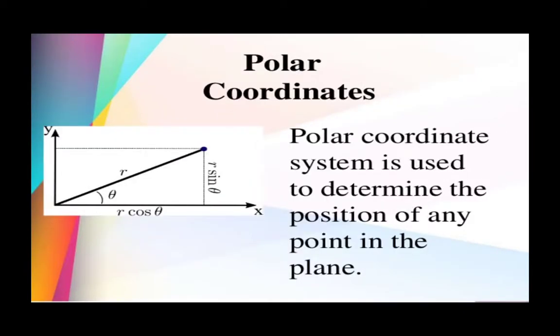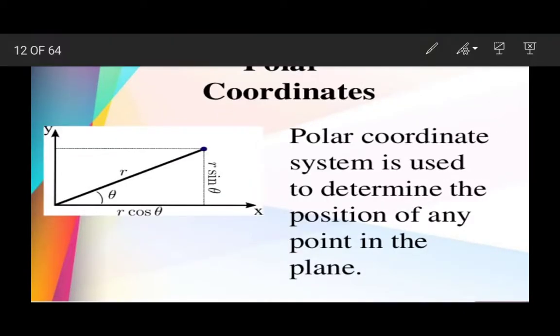Then polar coordinates. What do we mean by polar coordinates? The polar coordinate system is used to determine the position of any point in the plane. To determine the position of any point, we use this polar representation. Polar representation means using sine and cos terms.